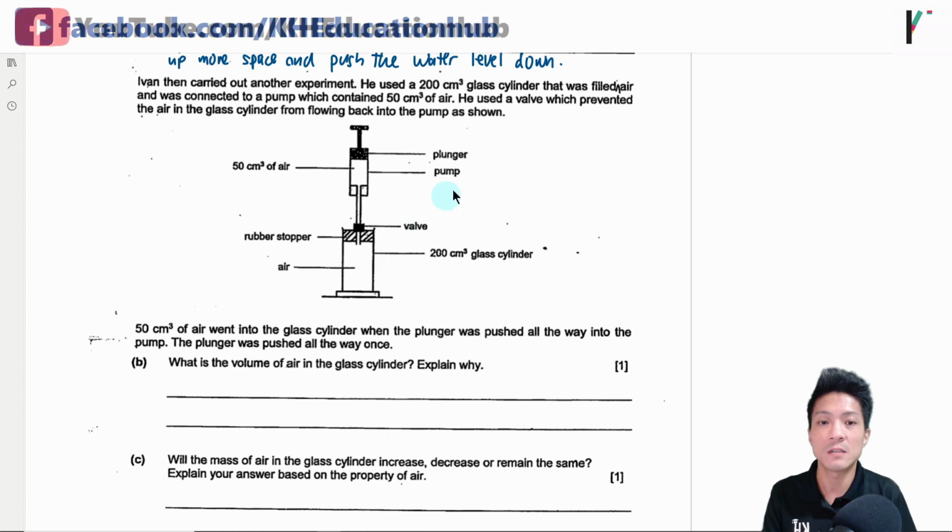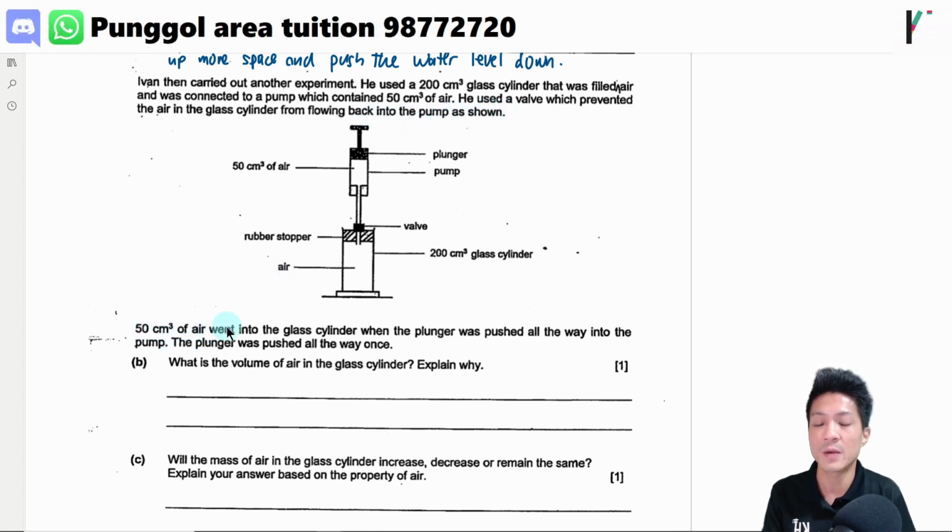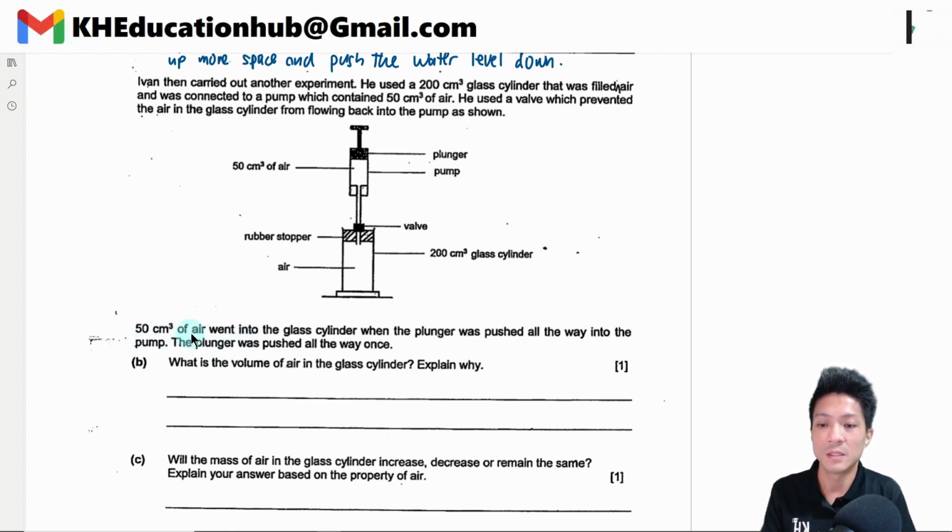He used a valve, which prevented the air in the glass cylinder from flowing back into the pump as shown. 50 cubic cm of air went into the glass cylinder when the plunger was pushed all the way into the pump. The plunger was pushed all the way once. What's the volume of air in the glass cylinder, and explain why?